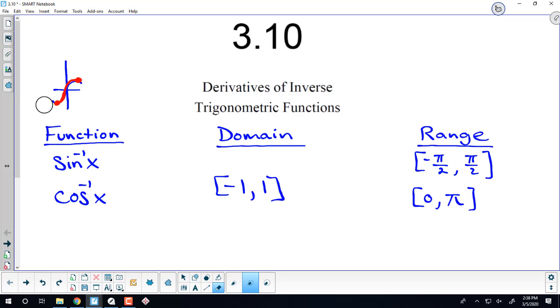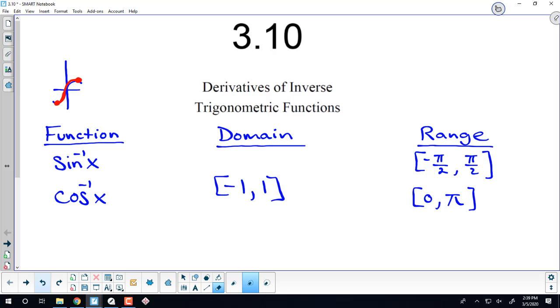So I can talk about the inverse sine function if I restrict the domain of sine from -π/2 to π/2, right? So sine's domain is restricted from -π/2 to π/2. The domain becomes the range of the inverse. This was the original restricted domain of cosine, right there, to make it a one-to-one function.